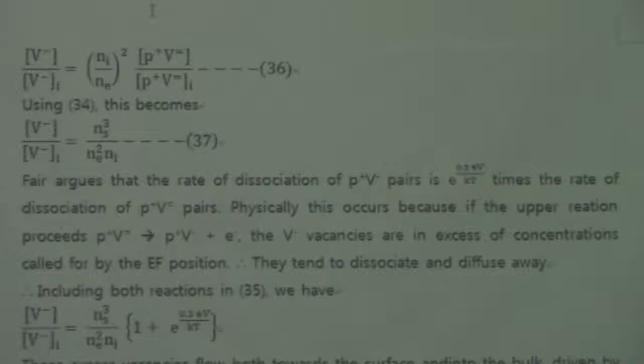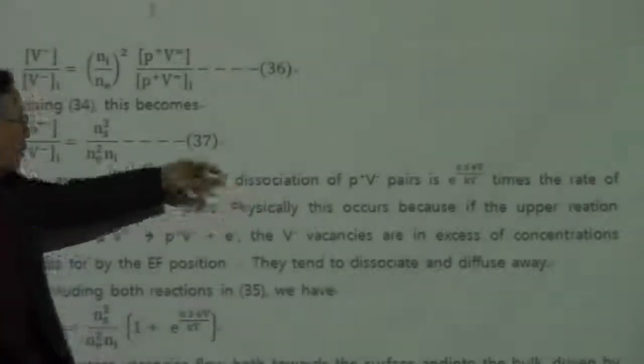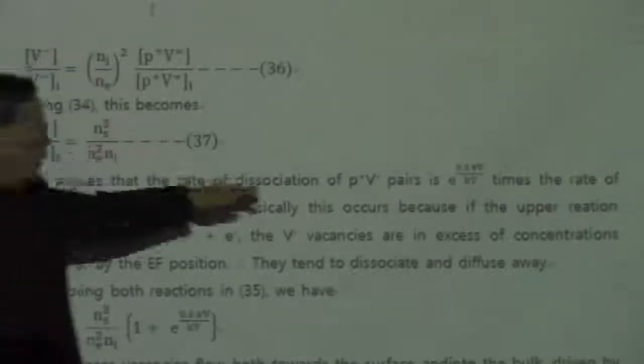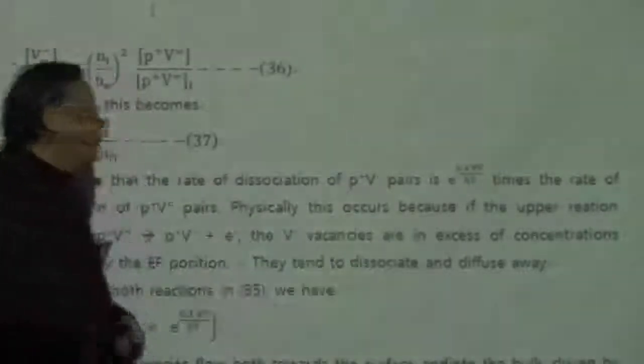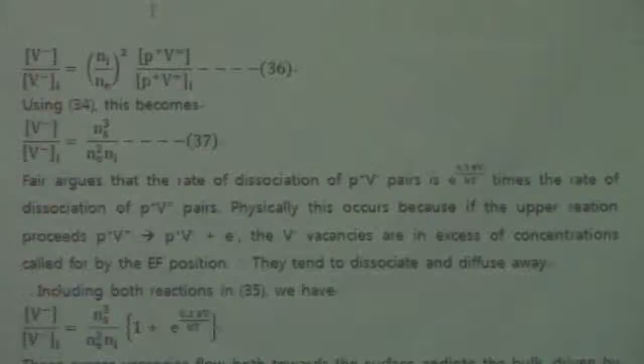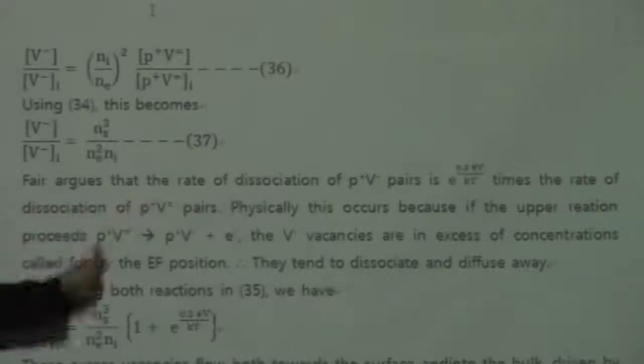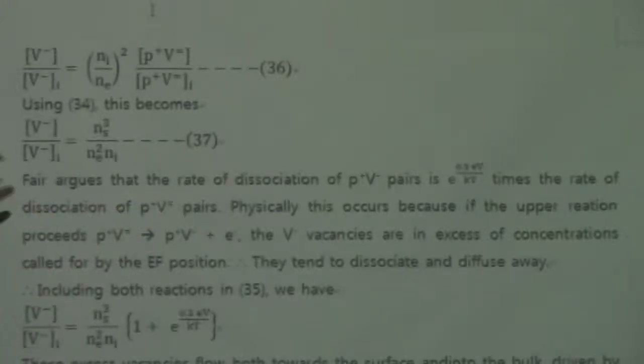Well, the paper says the rate of the dissociation reaction, which is given under 34, of P plus V minus pairs is just e to the 0.3 electron volts per kT times the rate of dissociation of P plus V double minus pairs. This paper explains it in detail.